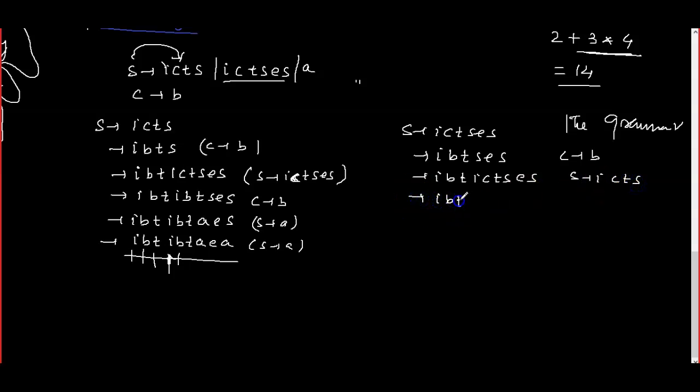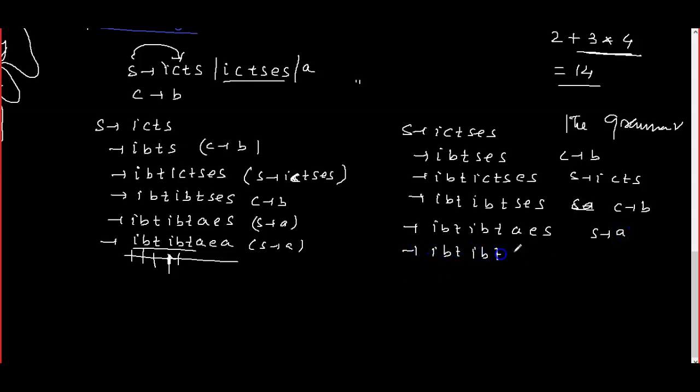Then ibt, this i, and C I can write b t S e S. So we got till here ibt, and here this one I wrote C. Then ibt, and I can write a eS. ibt and aea. So we have got the same string here by using different orders.